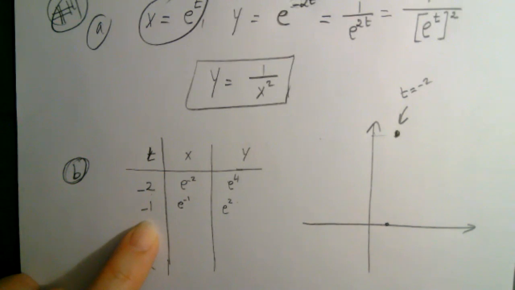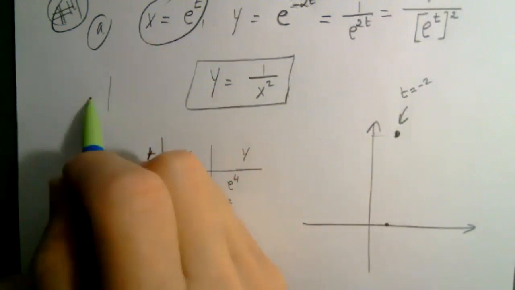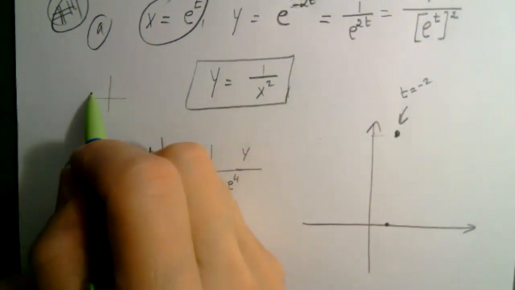So now, is the x component increasing or decreasing? Is the x component increasing or decreasing? What can you say? What is the x? X is e to the t.